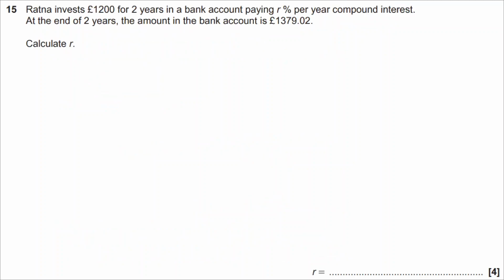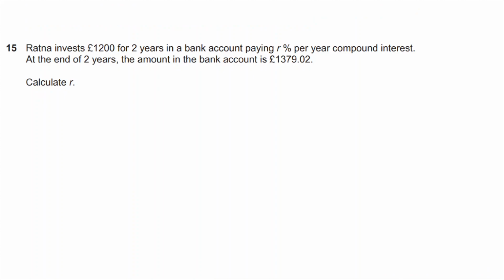Good. Moving on to question 15, which is looking like compound interest, which is this. Ratna invests £1,200, that's her initial investment, for 2 years in a bank at an interest rate of R%. Compound interest, that's important. At the end of the 2 years, the amount is this much here, calculate the rate of interest.